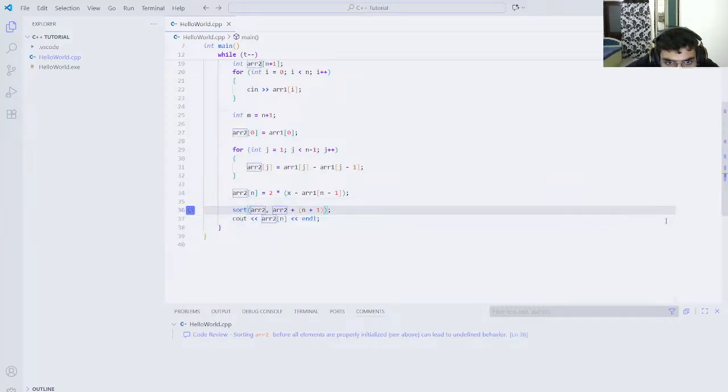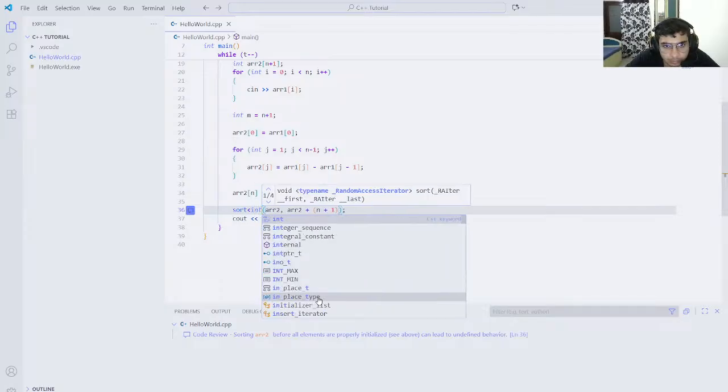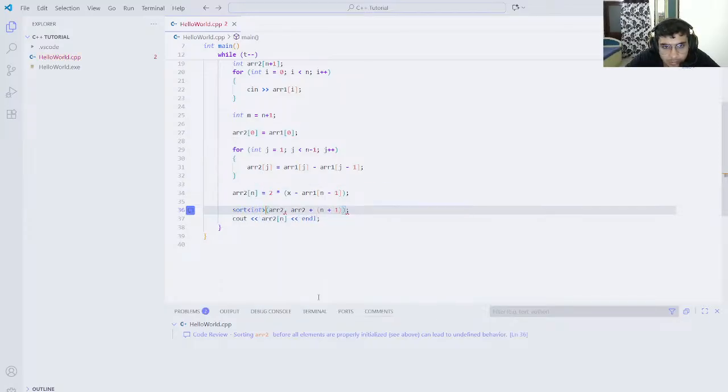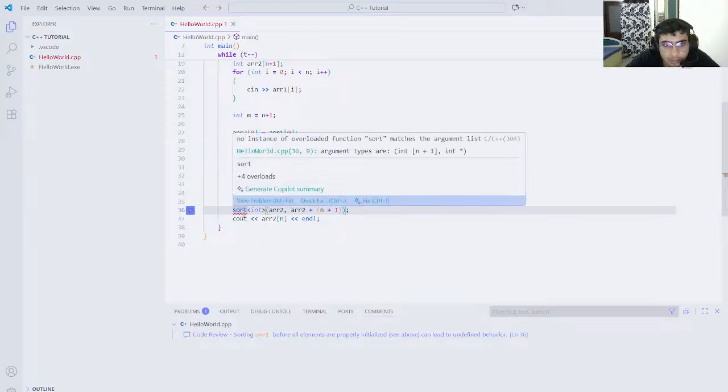How do I remove it? No instance of overloaded function sort matches the argument list.